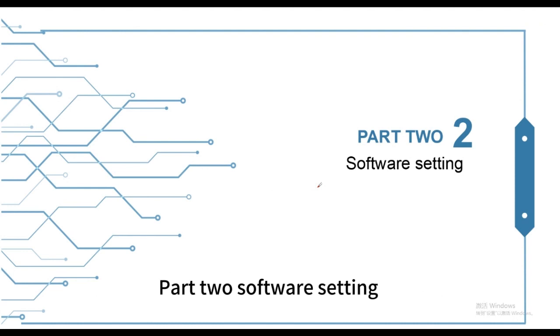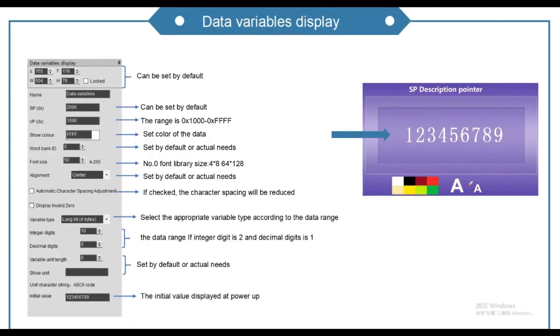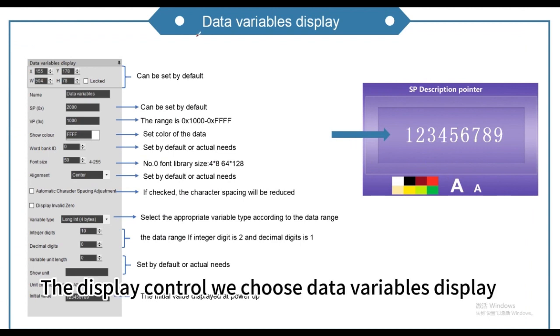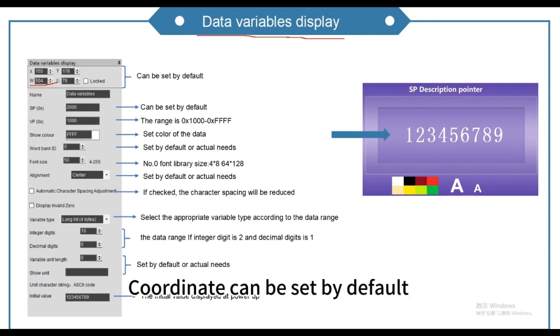Part 2, software setting. For the display control we choose data variables display. Coordinate can be set by default.